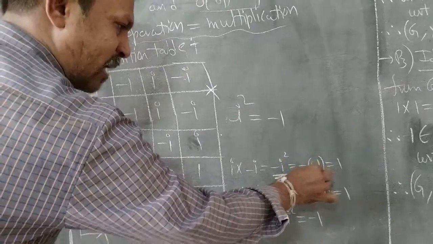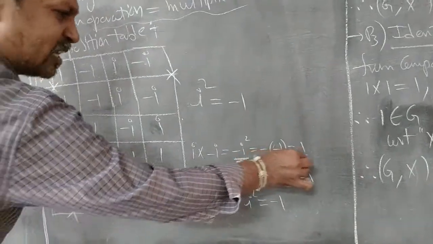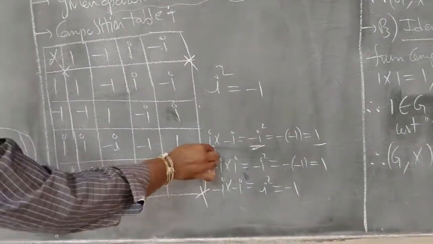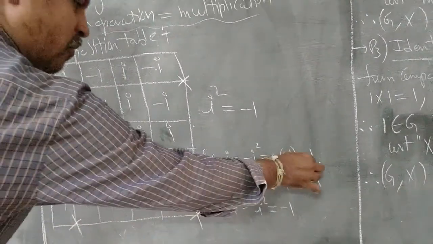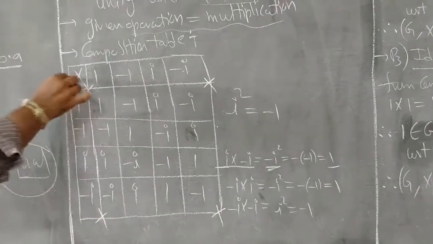Instead of i square I have taken -1, therefore minus of -1 is 1. Therefore i into -i gives 1. See here, i into -i is 1.